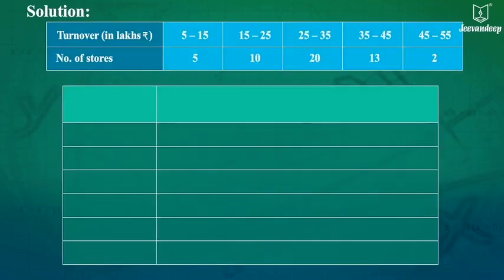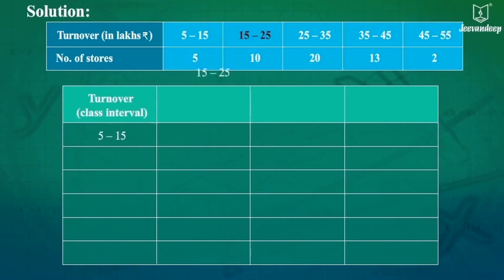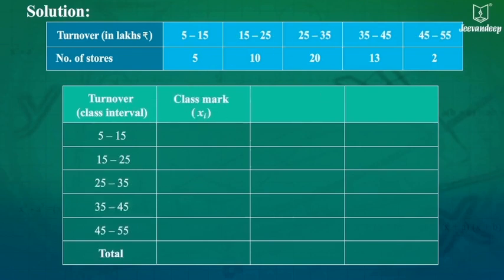A table containing 4 columns is prepared. In column 1, class intervals for turnover are written, and in column 2, corresponding class marks xi's are written.